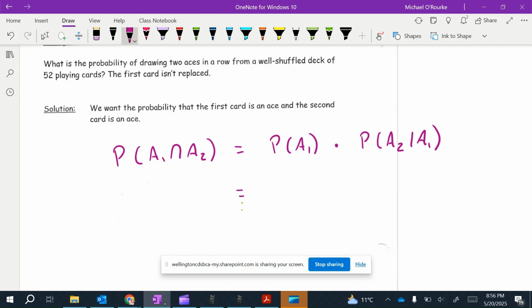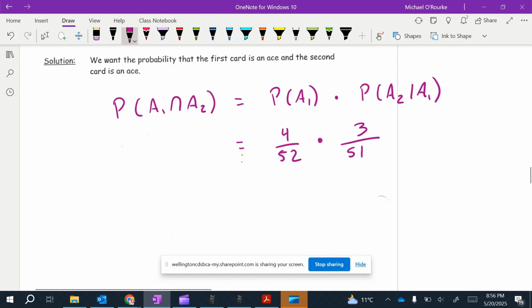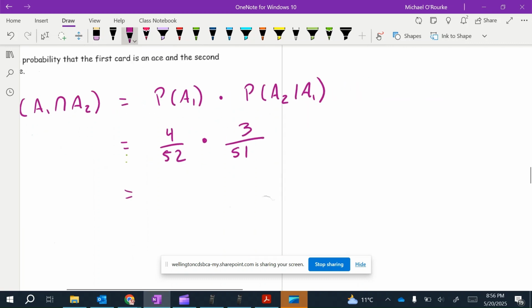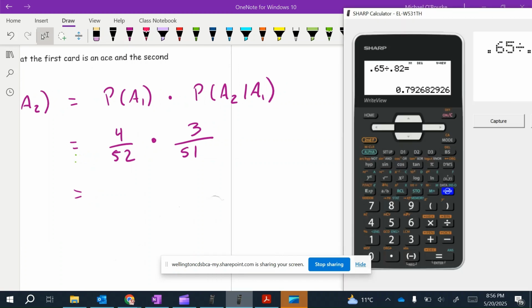Well, the probability of picking ace 1 would be 4 out of 52. There's 4 aces in a deck of 52. Now, the probability of picking ace 2 given we picked ace 1, logically, if we don't replace it, there's 3 aces left out of 51 cards left. And that's going to be my answer there. So 4 over 52 times 3 over 51.